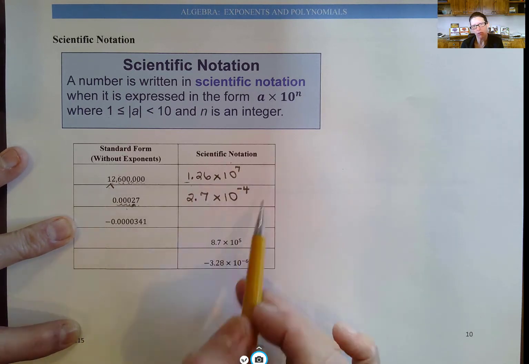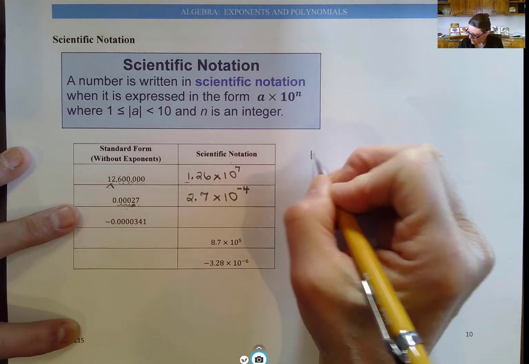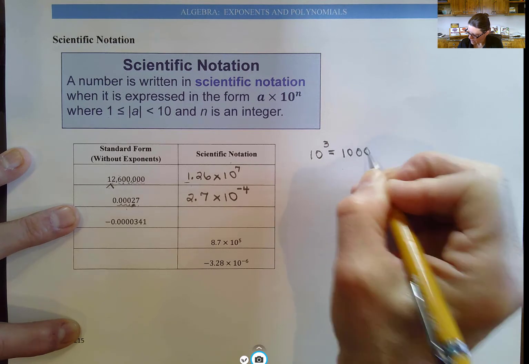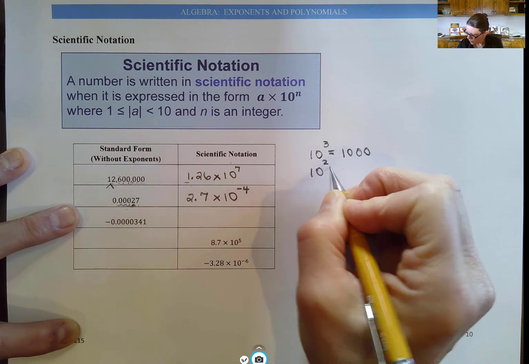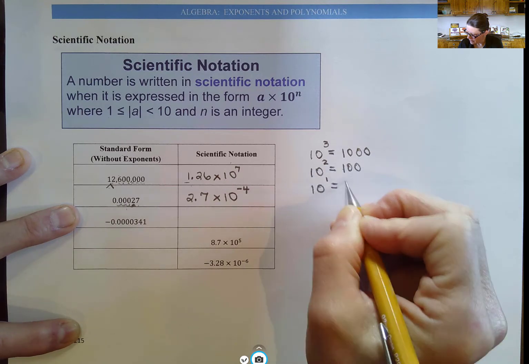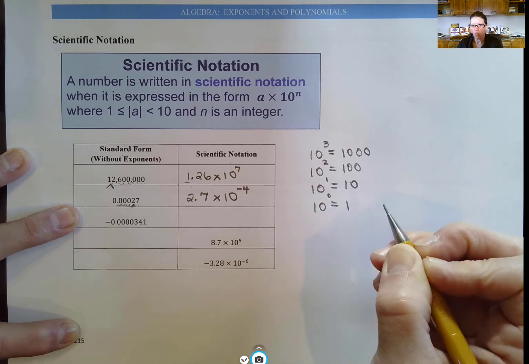Maybe we need to recap 10 to some powers here. 10 to the 3rd power is 1,000, isn't it? And 10 squared is 100, and 10 to the 1st is 10. And we remember that 10 to the 0 is 1.